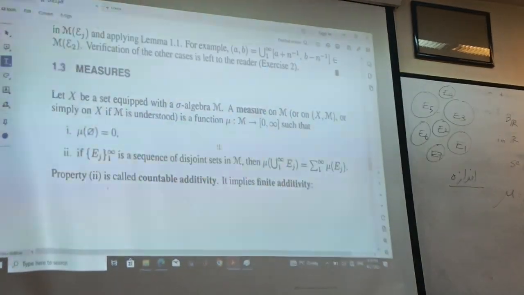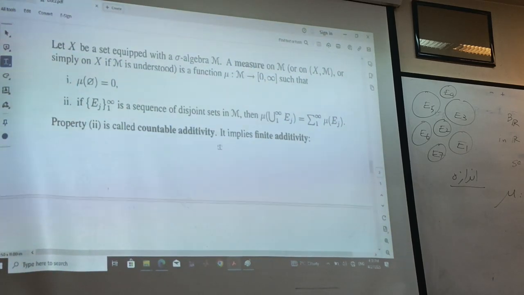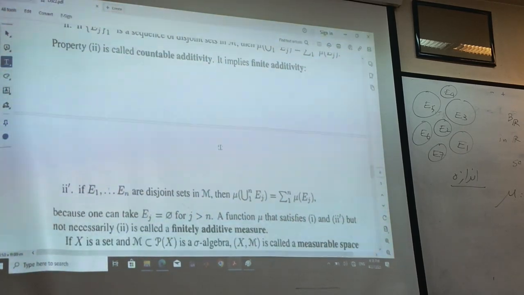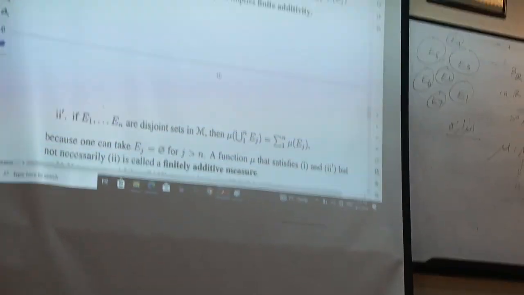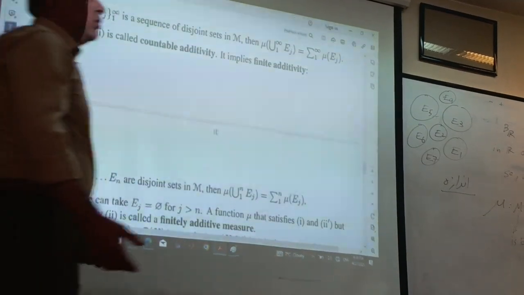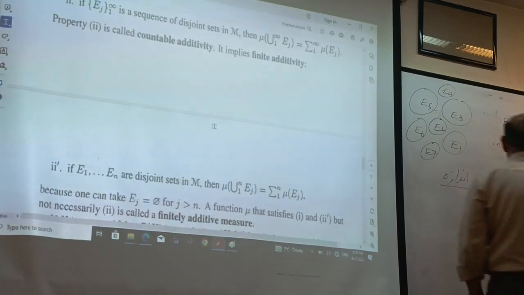We must show that condition 2 implies condition 2 prime. Can you show it? I show.